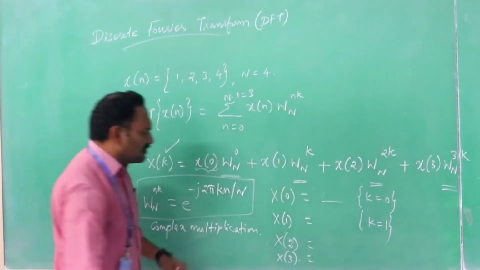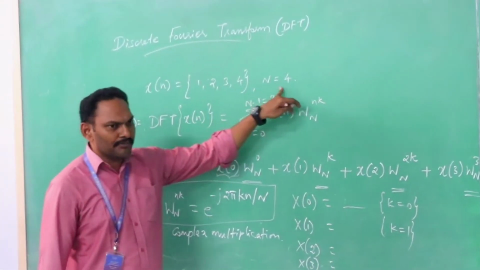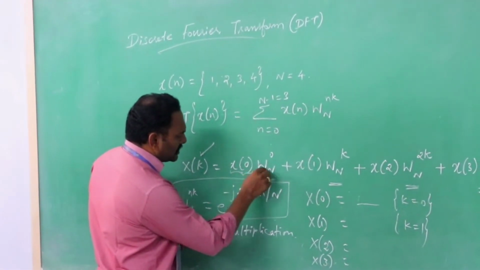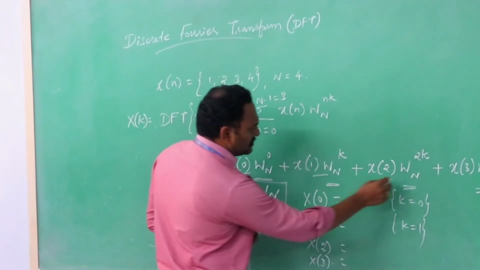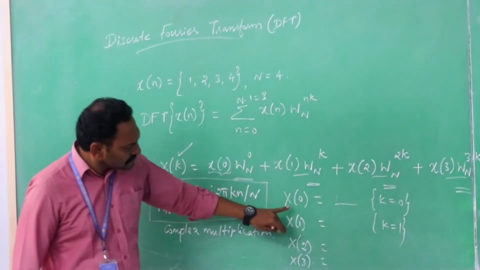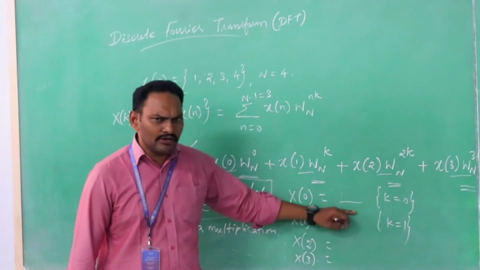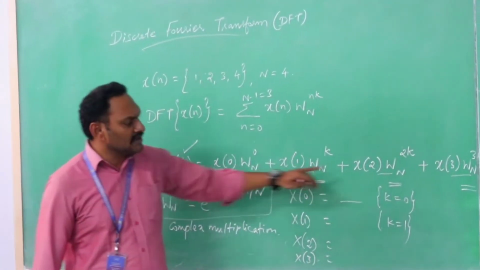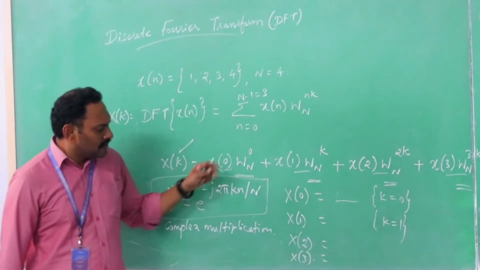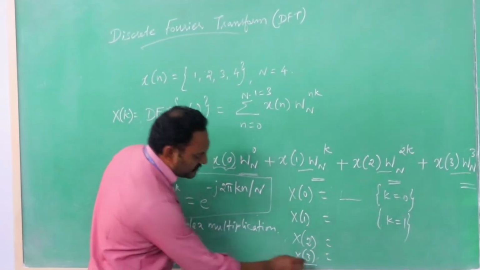For a simple 4-point computation, we need one multiplication here, one here, one here, and one here. For finding X of 0 we need 4 complex multiplication values, and likewise we have to perform up to X of 3.